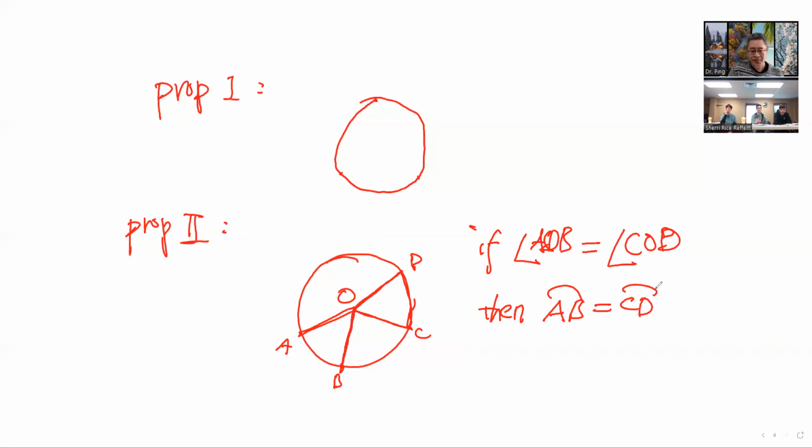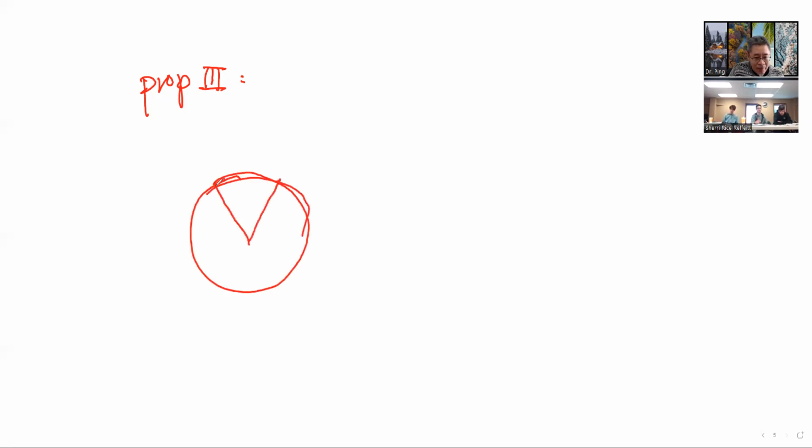Then we're looking at proposition 3. That is when you have a circle, and if this arc is equal to this arc, then the corresponding central angles are congruent.